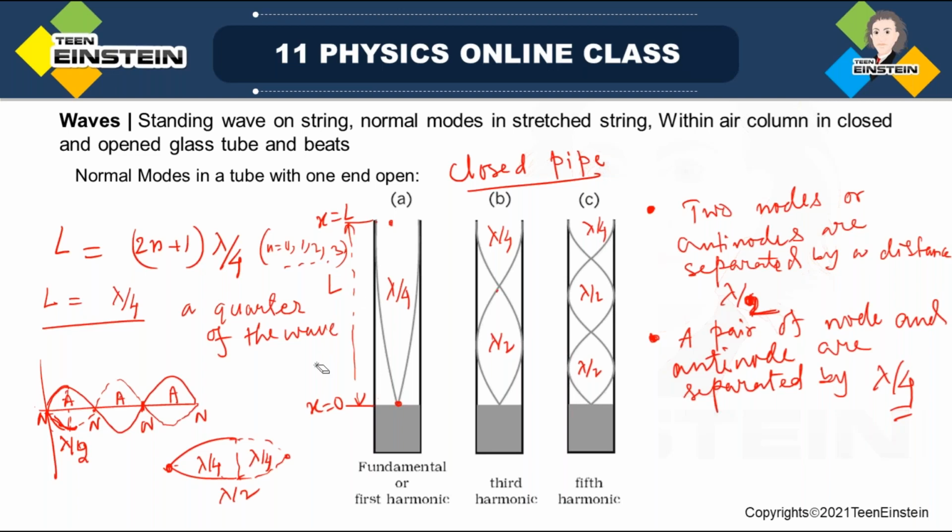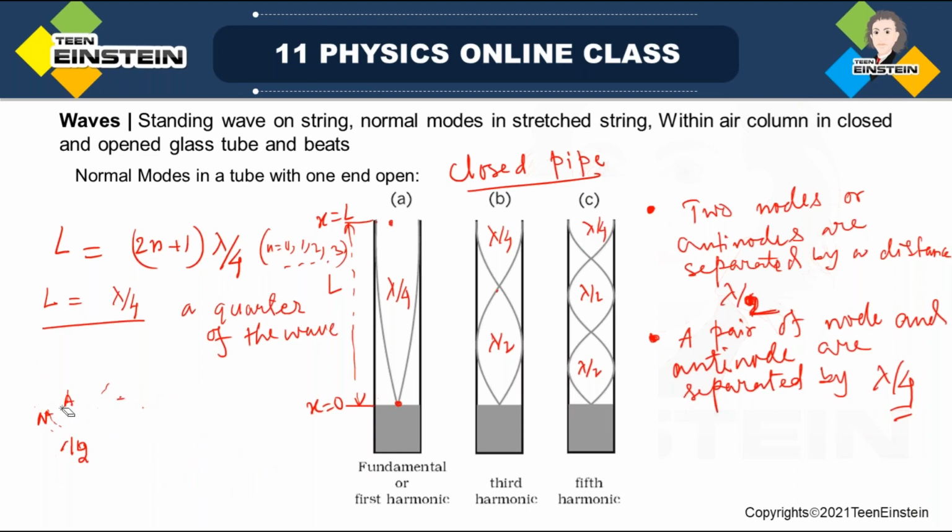Now we'll try to understand from here. For the first mode, we have seen within this length there should be a quarter of the wavelength of the wave produced in the air column. If I put n is equal to 1, it was n is equal to 0 before. So n is equal to 1 means the third harmonic.